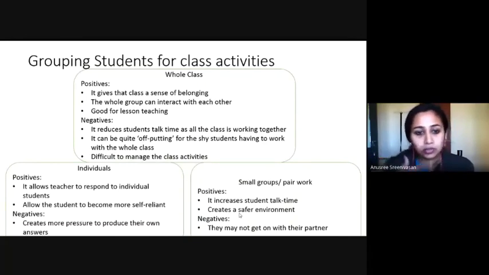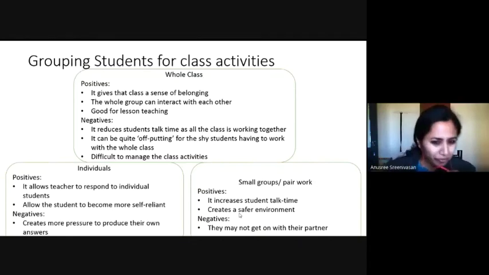The potential negatives are that it reduces the student's talk time as the class is working together, so every student may not get their required amount of talk time. And it can be quite off-putting for shy students, having to work with the whole class.